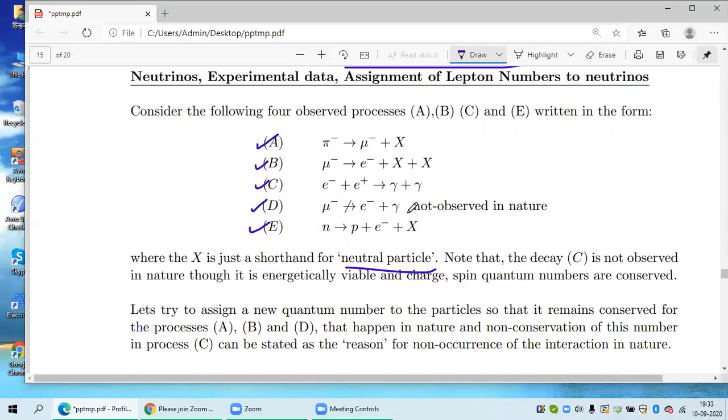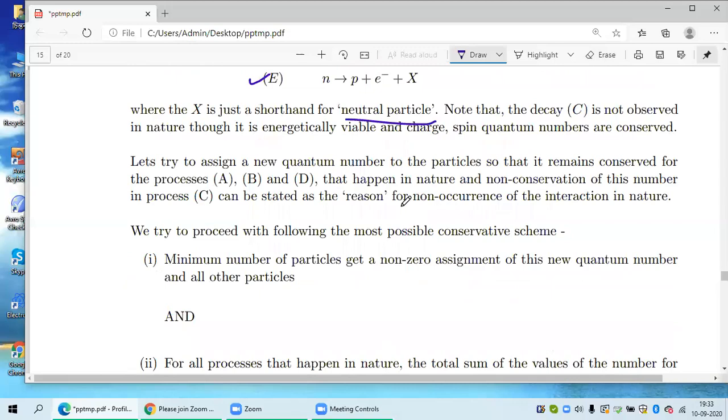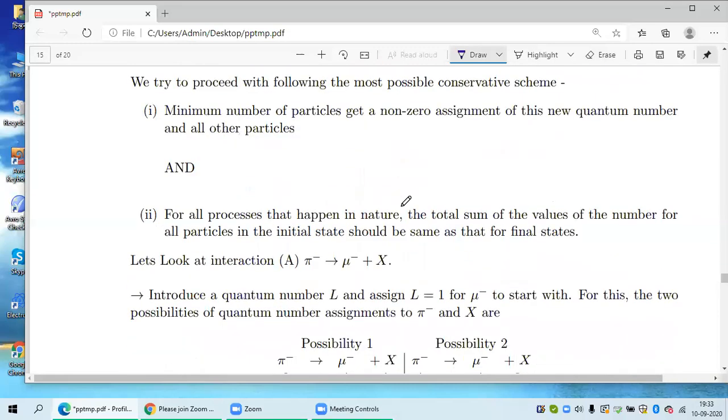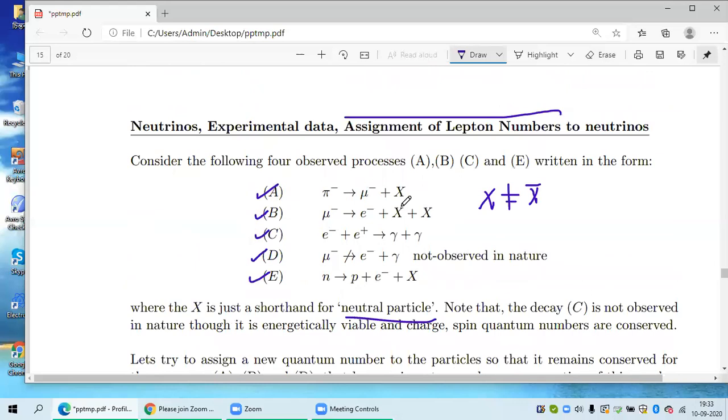Now, since we have one experimental result that X is not equal to X bar, as I discussed just now, its antiparticle is different. That means there must be at least one quantum number which is, say, positive for X and negative for X bar, and that quantum number is not charge.